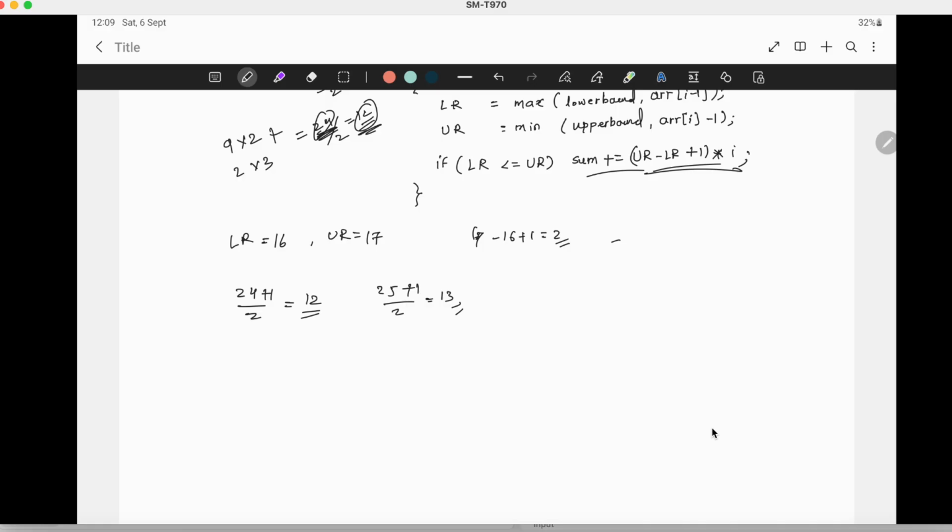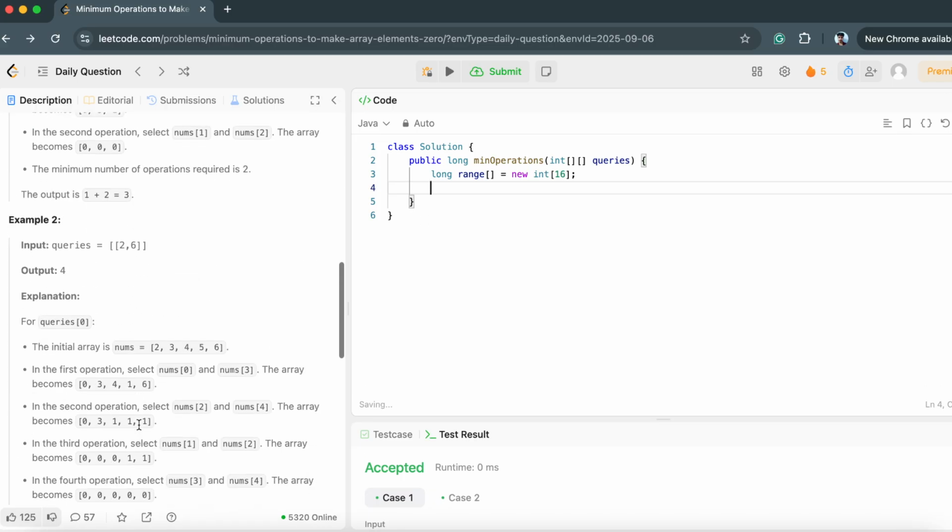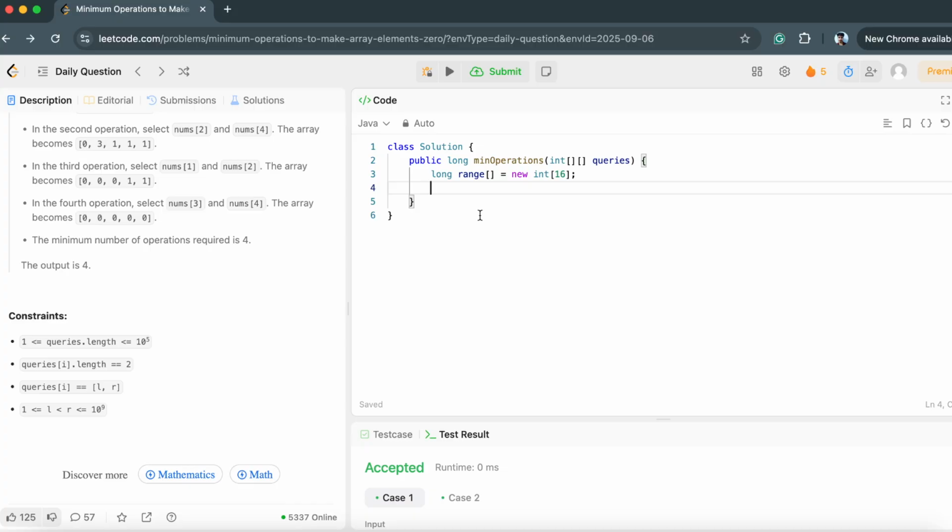Let me try to write down the code as well now. The first thing is we will pre-compute the range. This range is going to go all the way to 15 elements, based on the constraint that we have. We run a for loop, for int i equals 0, i less than this.